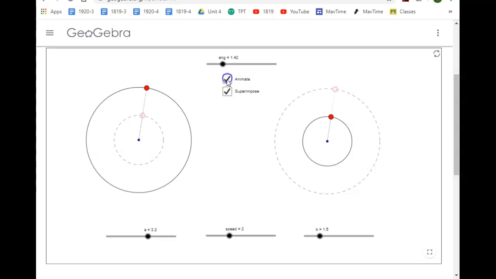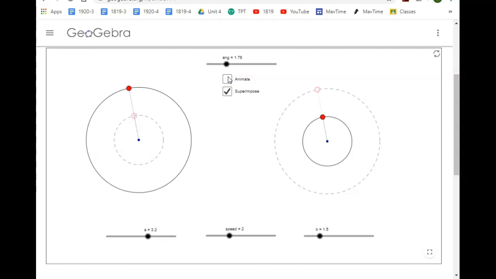But when I animate this, these points have the same angular speed because it's taking them the same amount of time to make one full rotation, right? But which one is traveling faster? The bigger one. This one has to travel faster because it has farther to go in the same amount of time. Does that make sense to you? So the outside one has a greater linear speed, but the angular speed is the same on the two. Does that make sense to you? Kind of like going around on a turntable in a record player.